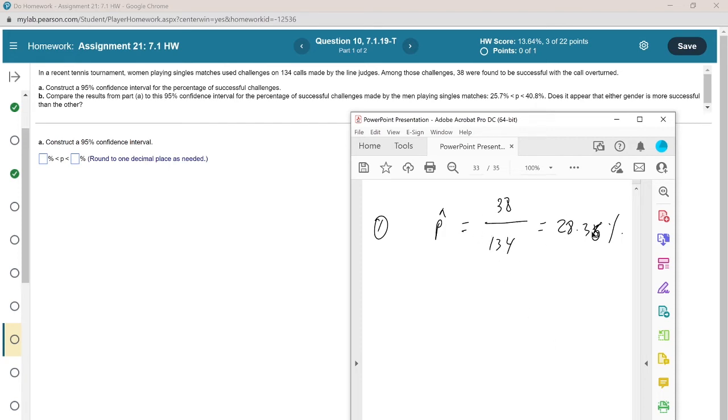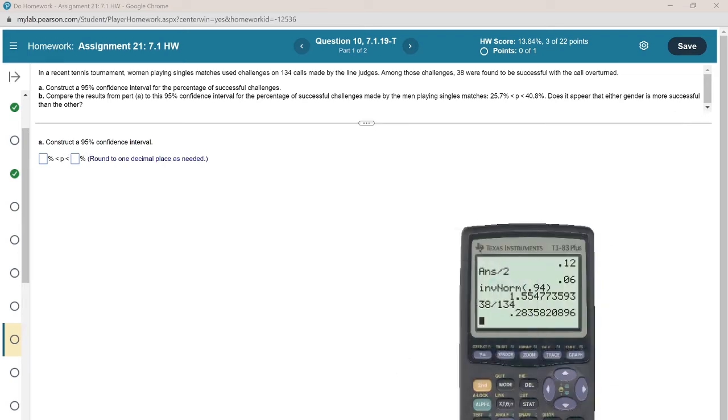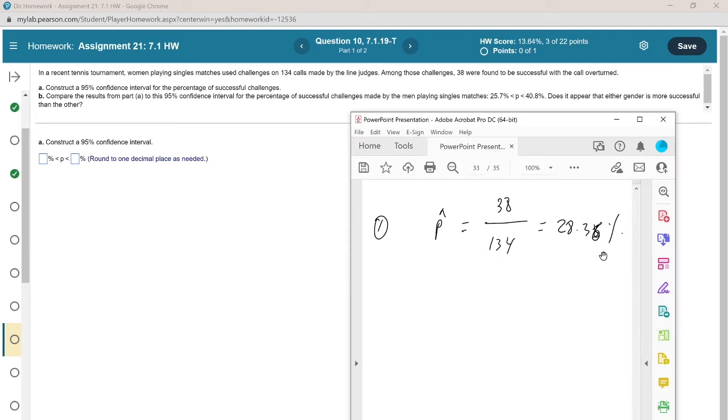So this is our sample proportion. Based on this sample proportion, we would like to construct a confidence interval. The confidence interval should be sample proportion minus margin of error, and that's the lower bound, and then the upper bound is sample proportion plus margin of error. So we need to find out the margin of error.